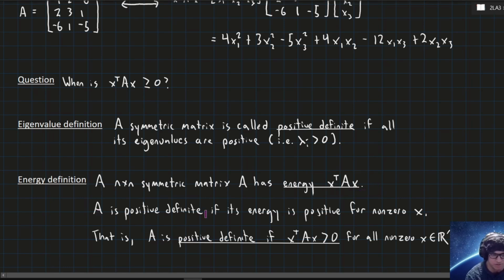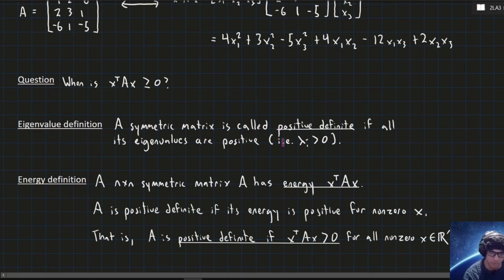A is positive definite if the energy is positive for non-zero x. That is, A is positive definite if the energy is greater than 0 for all non-zero x. So this definition corresponds to the question directly, and the eigenvalue definition is sort of an answer to the question in terms of linear algebra.